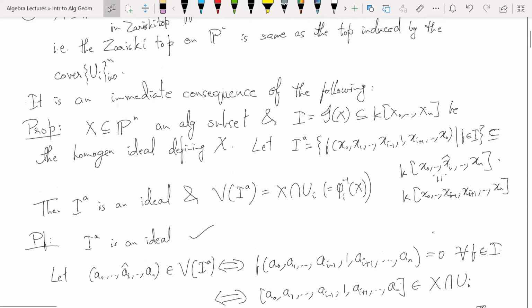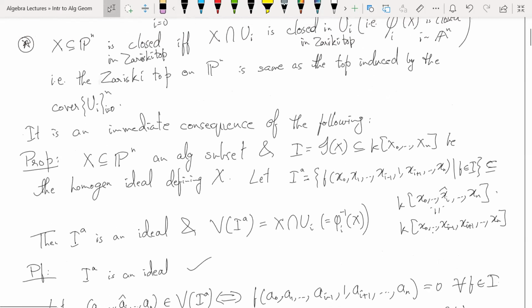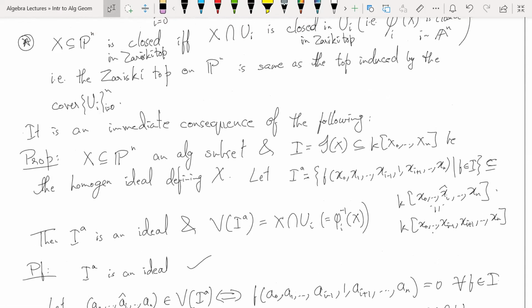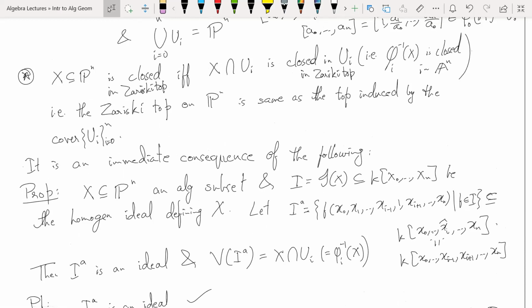First of all, it's clear that this proposition does our job, because it does one direction, and one has to do the other direction. So first of all, it does this direction: if X is closed in the Zariski topology in Pn, then X intersection Ui is a closed subset of Ui.